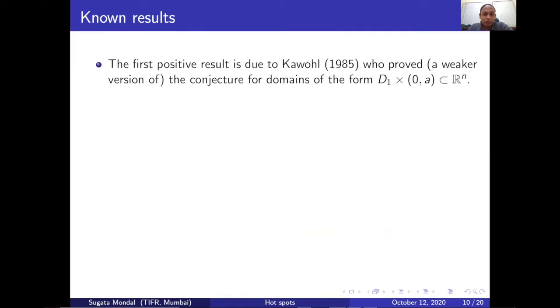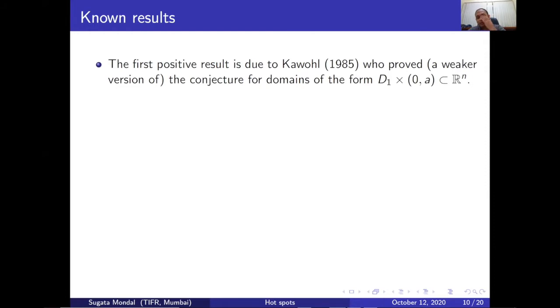So I'm going to now give you some results that are known on this conjecture. I'm probably missing a few that came recently, but this is mostly the historical part. The first positive result is due to Kawohl from 1985, who proved a weaker version of the conjecture for domains of the form D1 cross the interval (0,1).